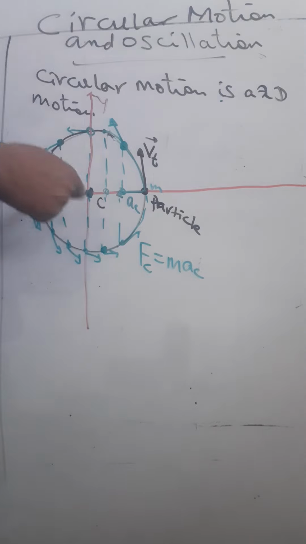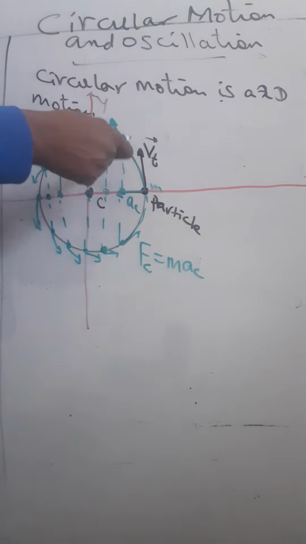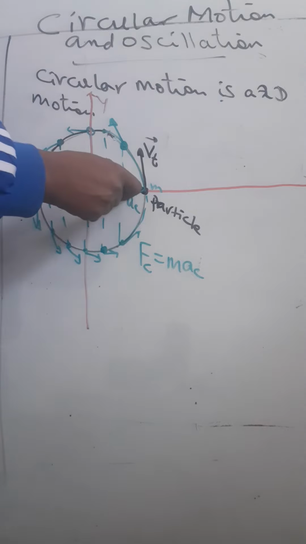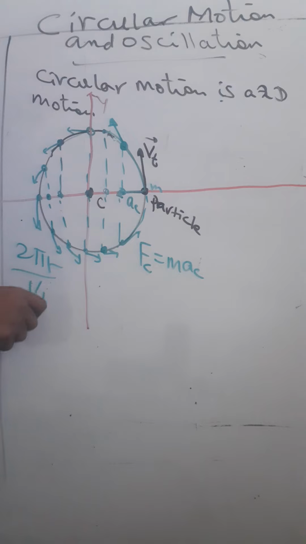It was here, now it is here, a complete circle. Going from this to this one and coming back is going to be one period. Basically, that is going to be 2 pi r over vt. This is the period completed.